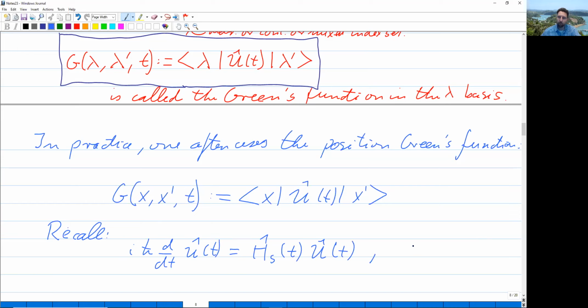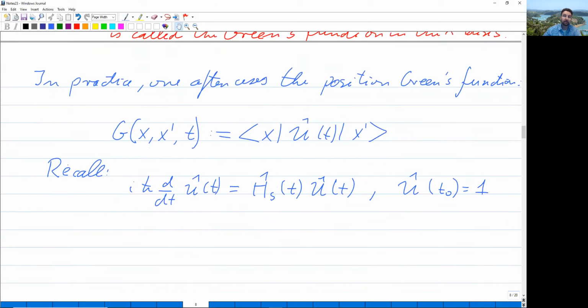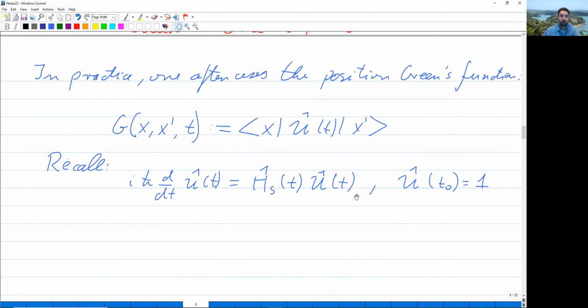And we have that u hat of t naught is equal to the identity operator. This means something for the matrix elements of our time evolution operator in the position basis, which is to say this operator equation of motion must translate into some equation of motion with initial conditions for the Green's function.